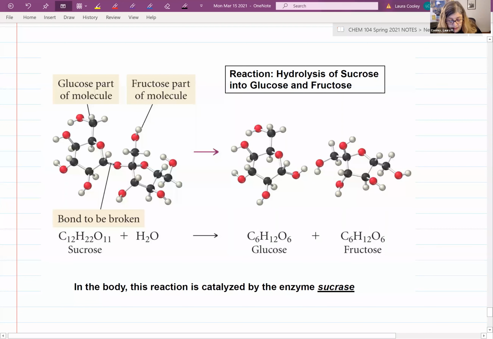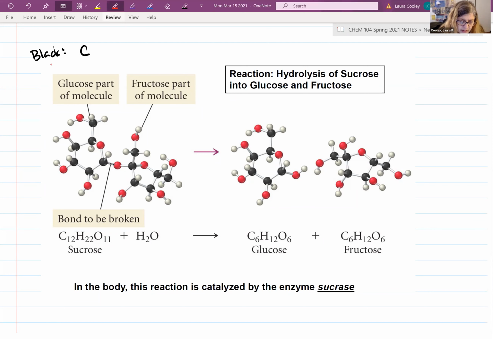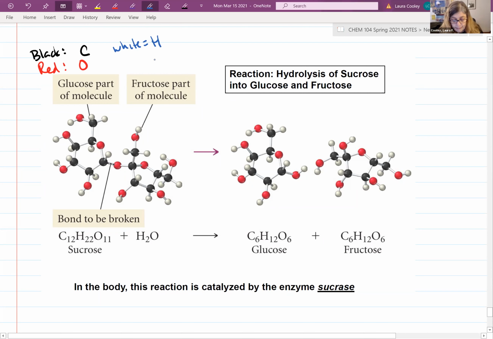This is another example of an enzyme catalyzed reaction. These are molecular models, I should say. The black is representing carbon. The red, as always, represents oxygen. And the white is hydrogen. And this is showing a sucrose molecule, okay?